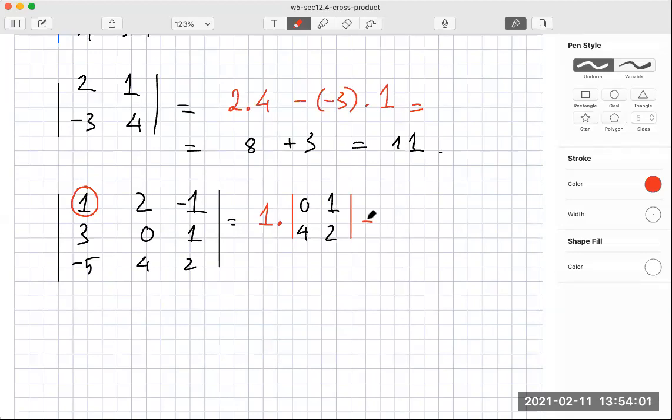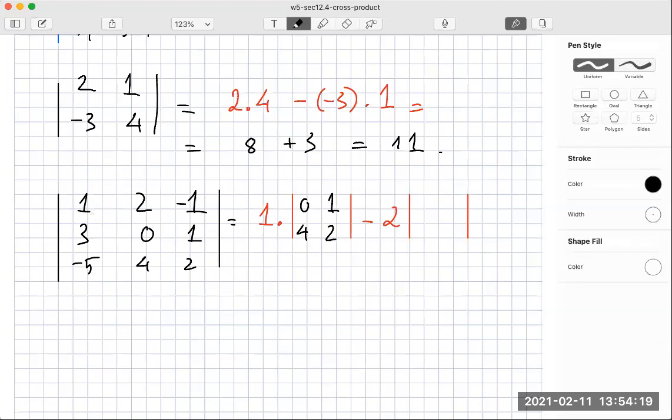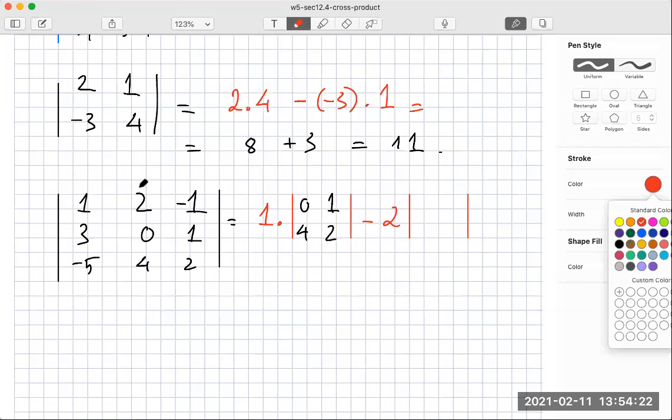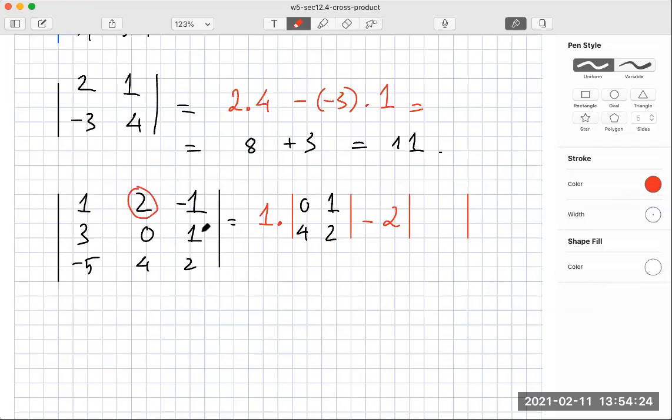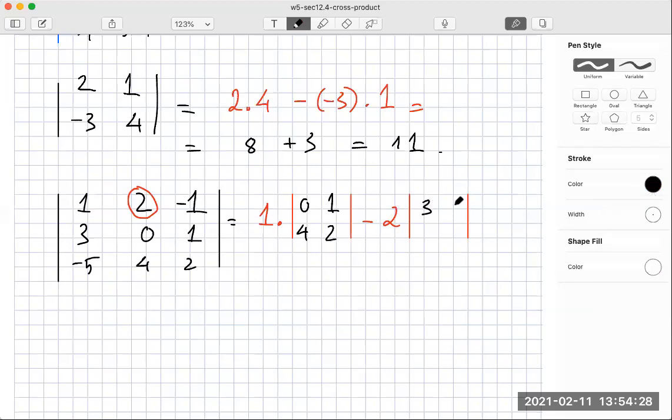So the second term is the second element in this row, which is 2, times the determinant of order 2 here, right? Now, if we move to the next column here, we cross the column and the row. What is left here? 3, 1, -5, 2.